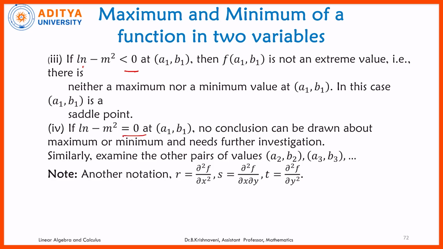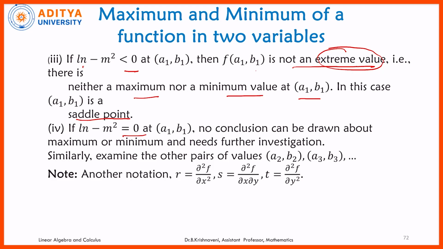Whenever LN minus M squared is less than 0 at a point (a1, b1), then f of (a1, b1) is not an extreme value, that is, it has neither maximum nor minimum at the point (a1, b1). We know that an extreme value is nothing but a maximum or a minimum of a function. So in this case we call the point (a1, b1) a saddle point.